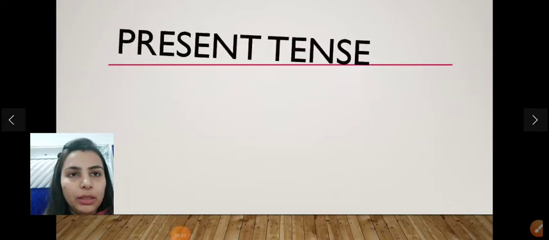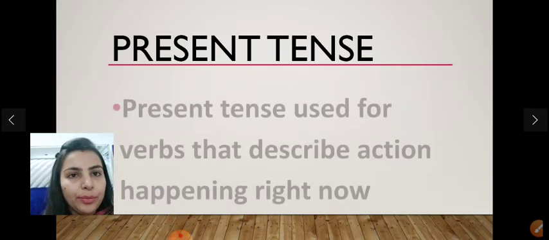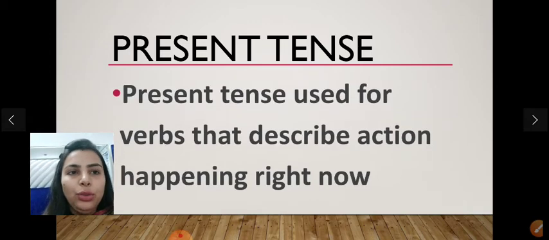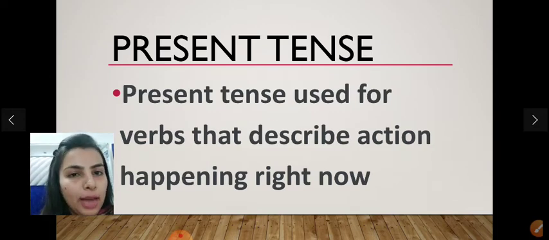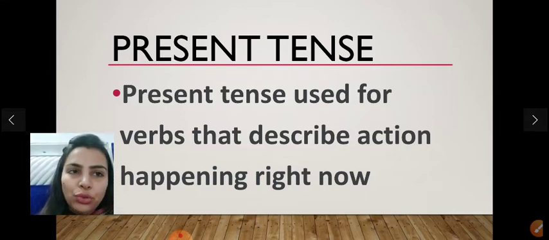See, present tense. Present tense is used for verbs that describe an action happening right now. Present tense is only used for those verbs which tell us that an action is being performed right now. At present, we only use the present tense.